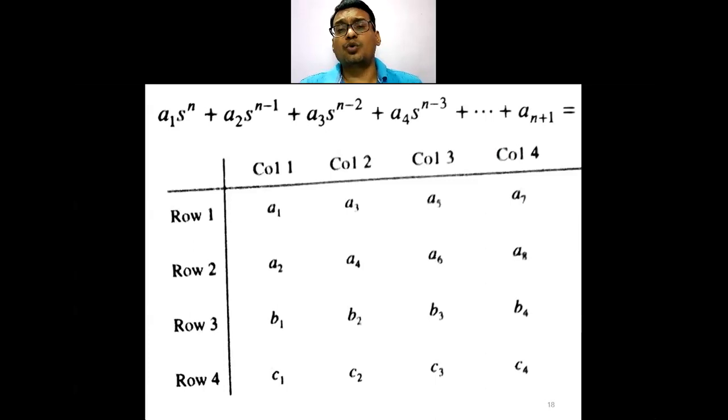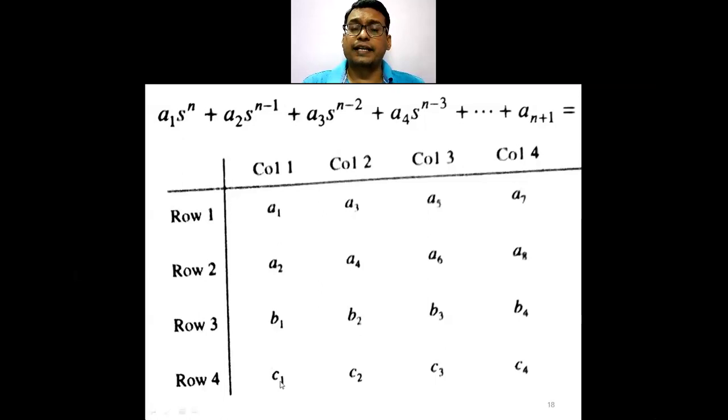Then how do we develop a Routh array? From the characteristic equation, you need the coefficients. All the odd coefficients are put in the first row, that is A1, A3, A5, and all the even coefficients are put in the second row.